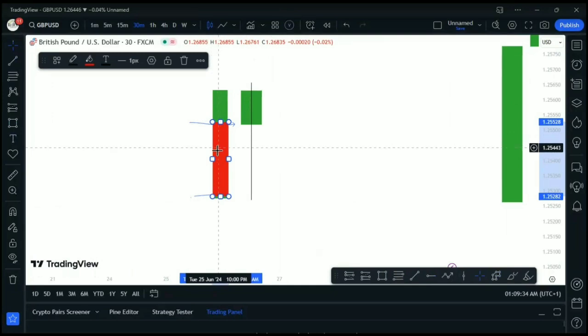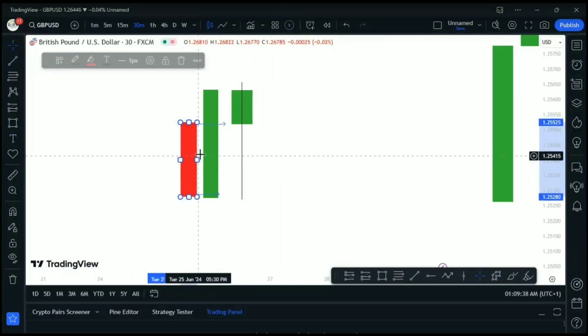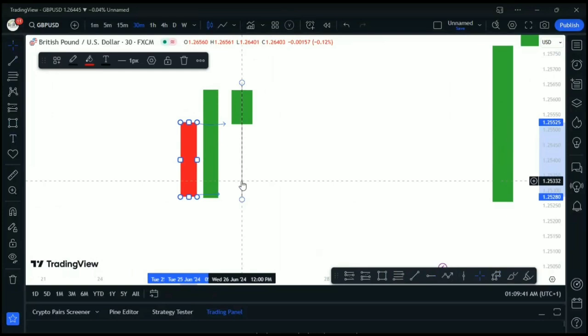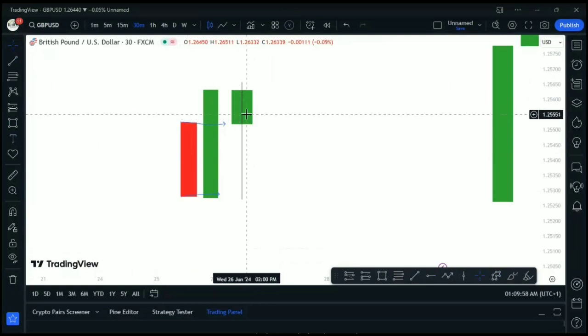You could see it. This is a bearish candle. It sold, which represents the wick. The market opened from here, sold down, closed at the low, opened at this bottom, went up and closed above this candle. And that gives us this.